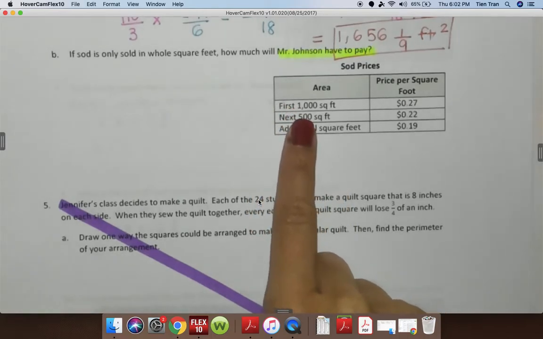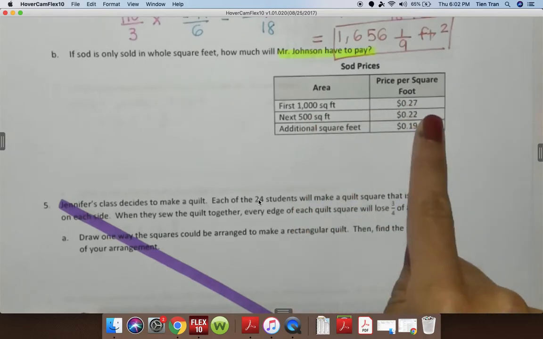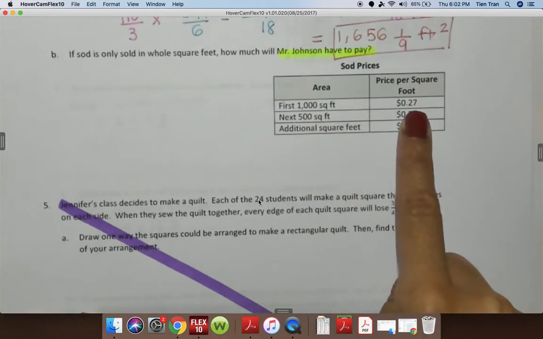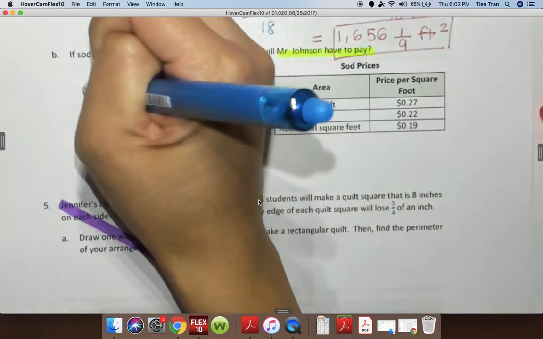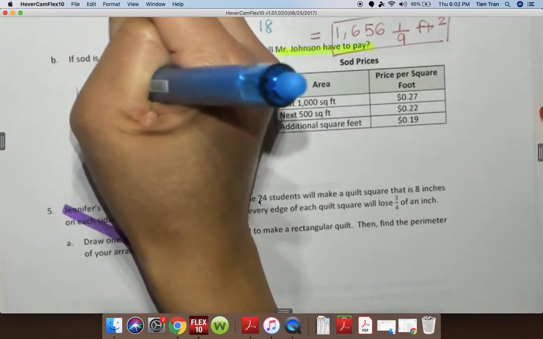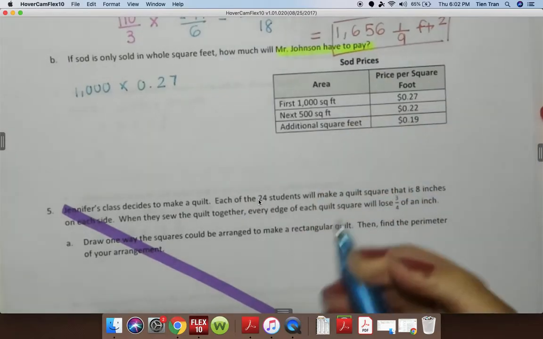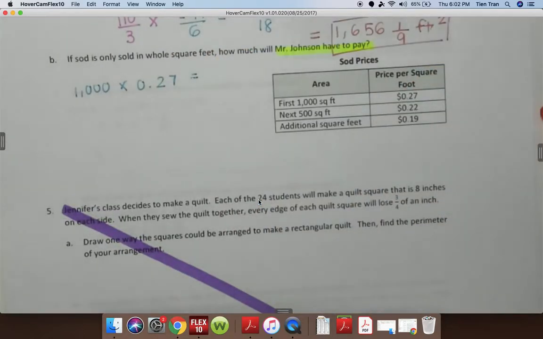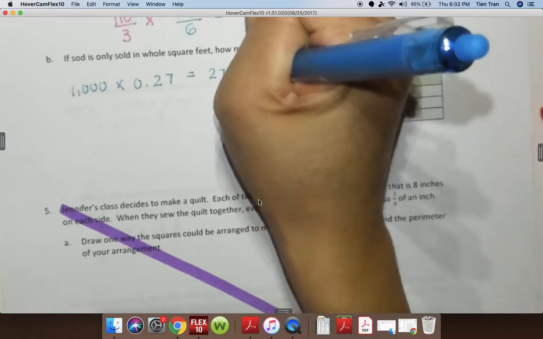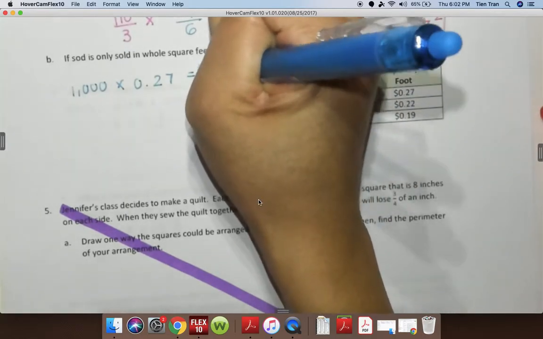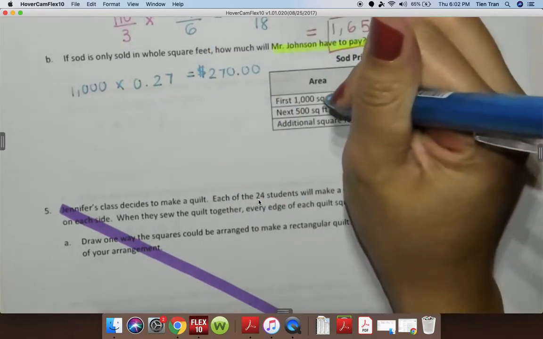So right here, first I have 1,000 square feet. So I'm going to multiply 1,000 square feet times 0.27. 1,000 times 0.27. Okay? And when I multiply those two numbers, I'm going to get $270. That's for the first one.